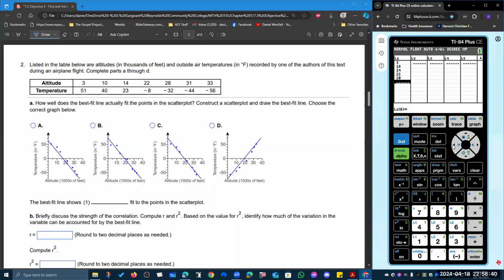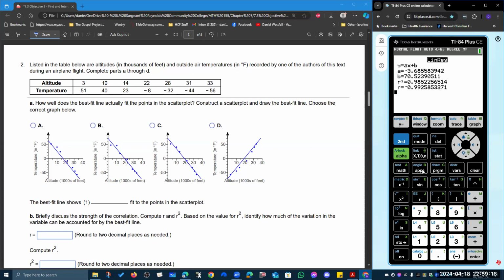As altitude increases, temperature should decrease. Let's stat calc number 4, and vars, y vars. There we go.